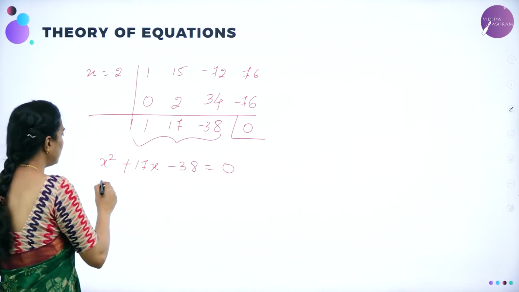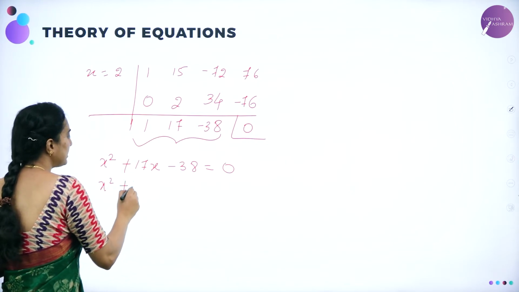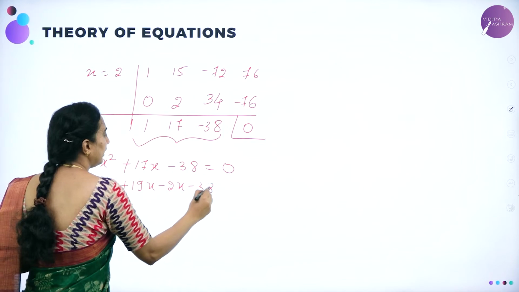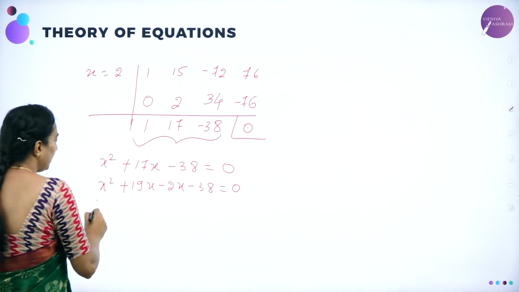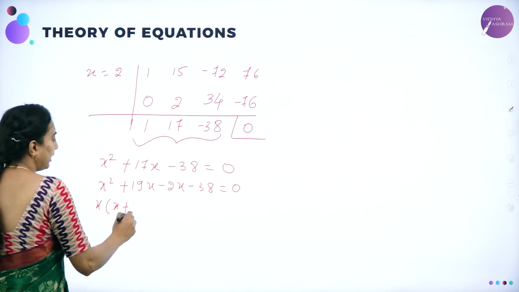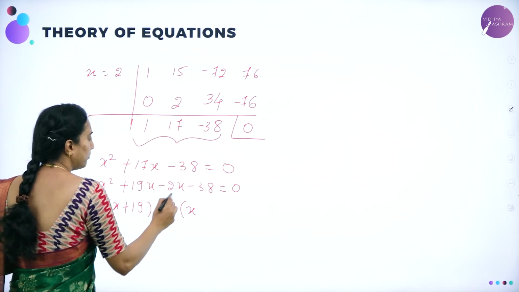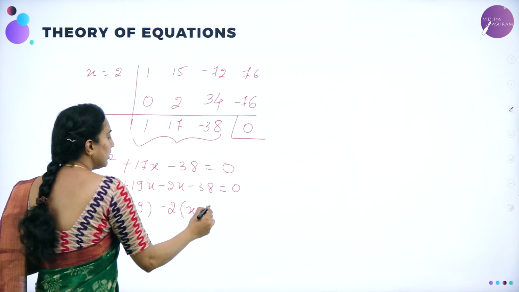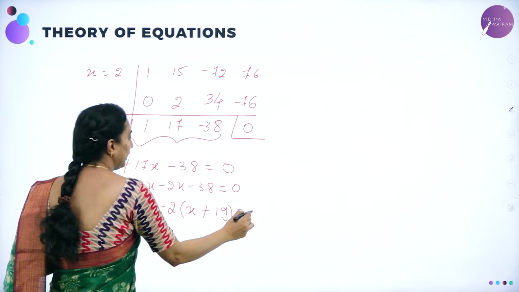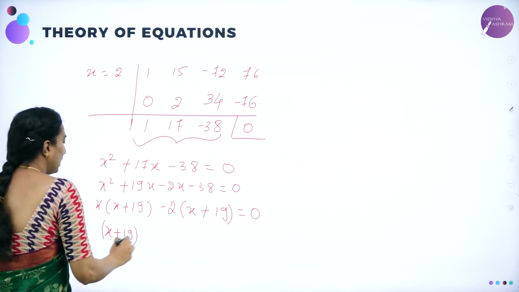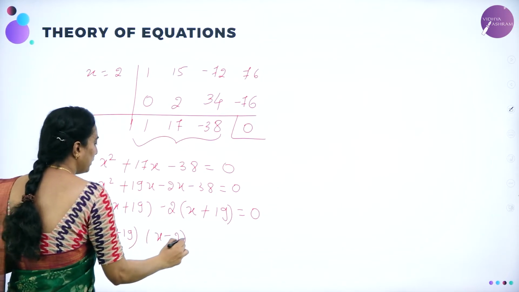Therefore, writing the roots: x squared plus 19x minus 2x minus 38 equal to 0. Now taking x common, x plus 19 is remaining, minus 2 common, minus 2 into x, and minus into minus is plus 19, 2s are 38, which is equal to 0. Now taking x plus 19 common again, remaining with x minus 2 equal to 0.